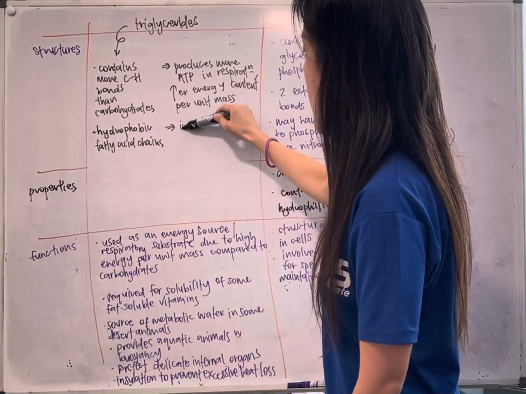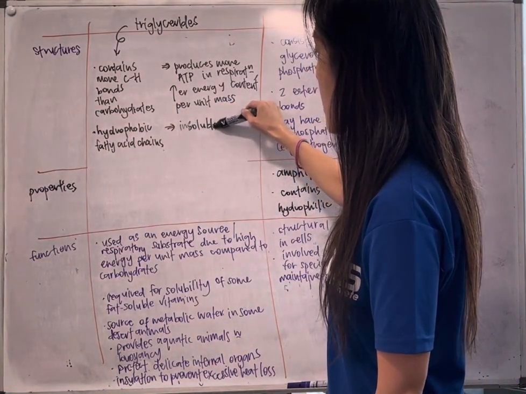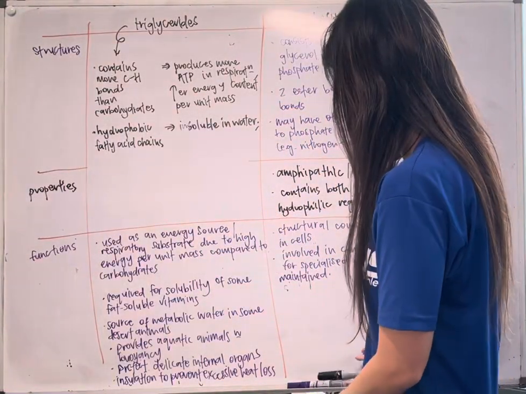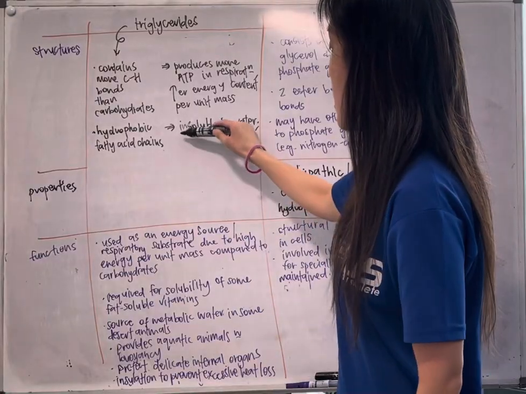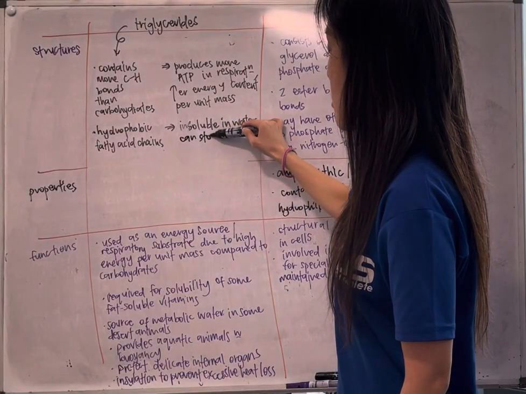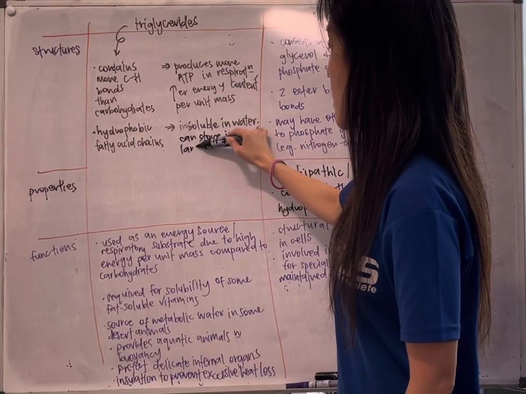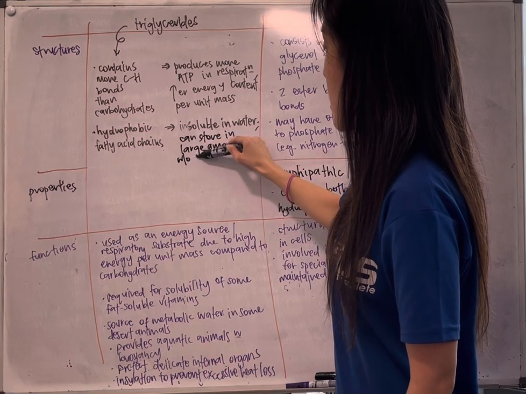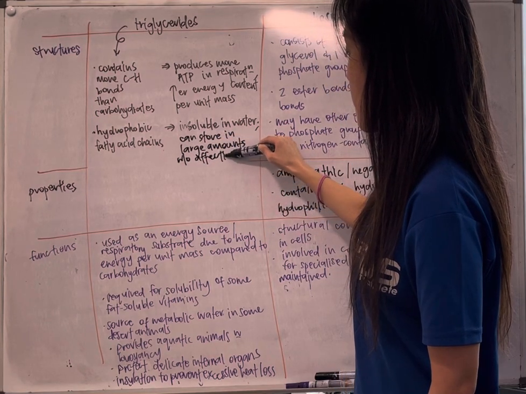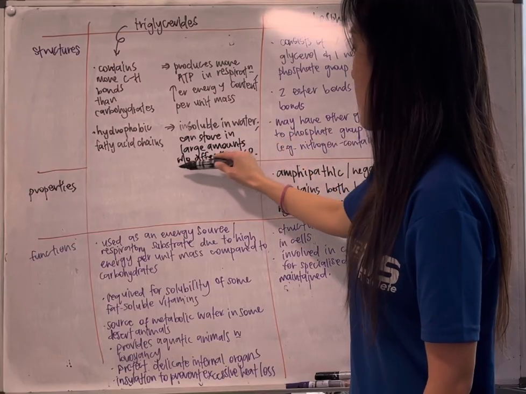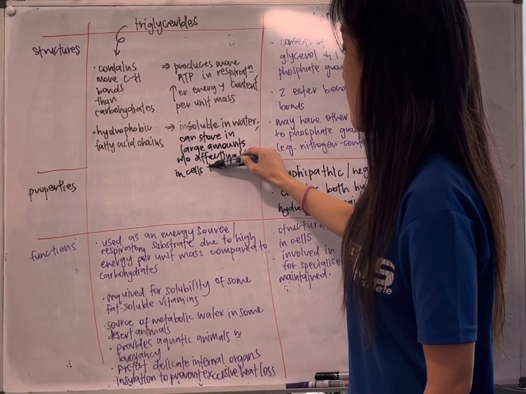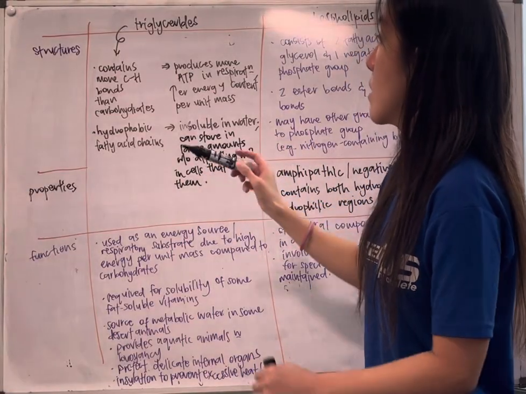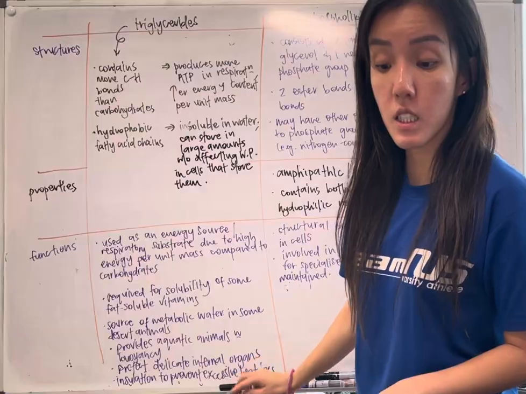Because you need your triglycerides to be insoluble in water, so you can store them in large amounts without affecting the water potential of the cells that store it. Please know the structural features of triglycerides. It's very useful.